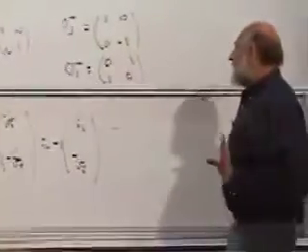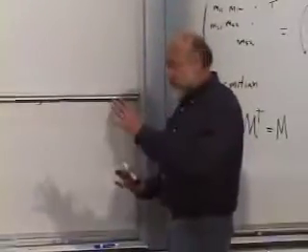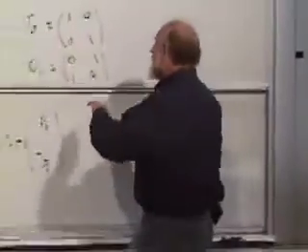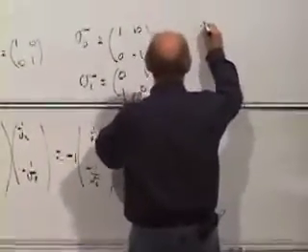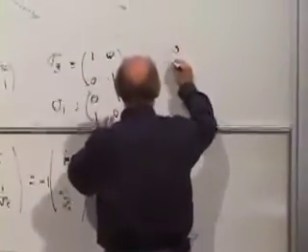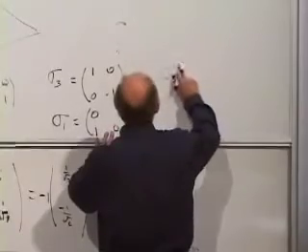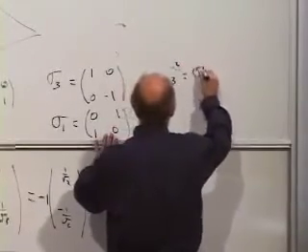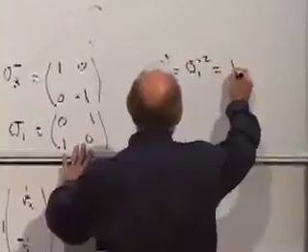It's just a unit matrix with 1s on the diagonal. Sigma 3 squared is the same as sigma 1 squared, equal to 1.